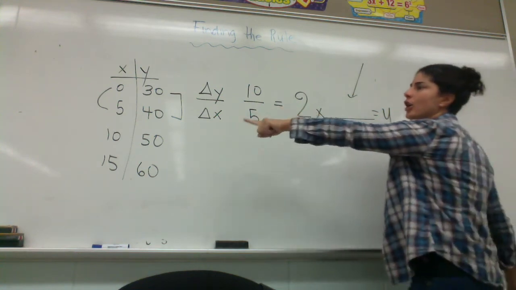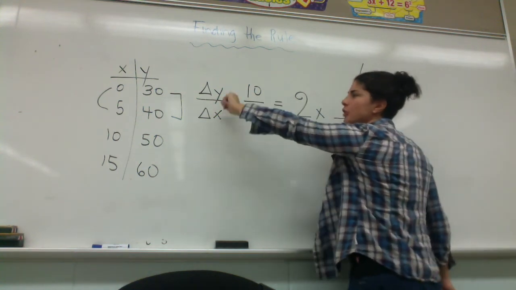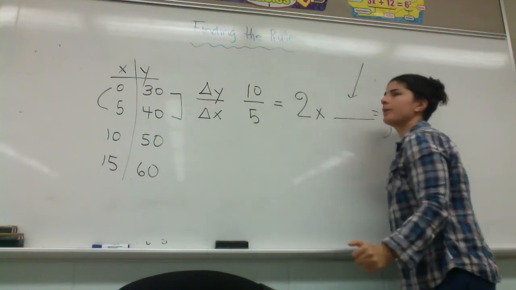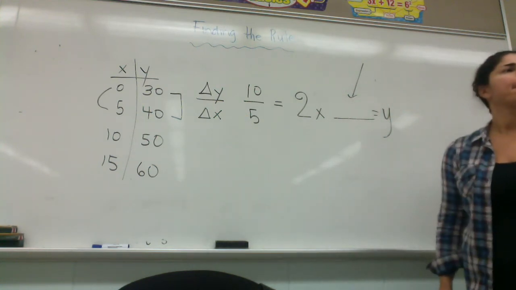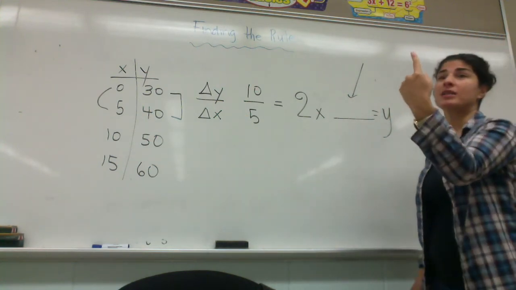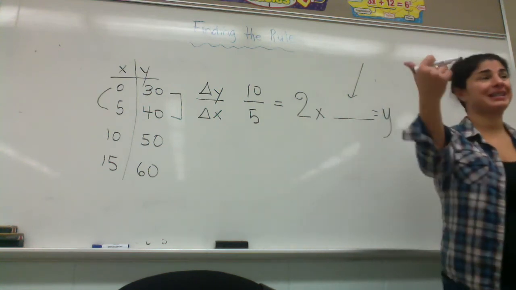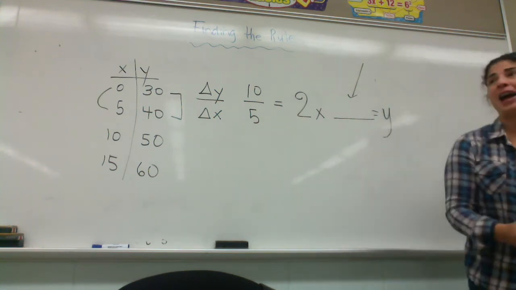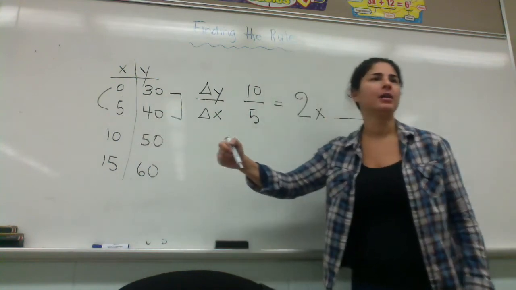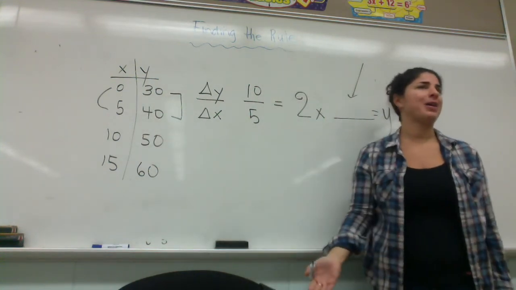So why did I not do this before? Why was I not doing this whole thing before? Because I was going by ones. I was doing 1, 2, 3, 6, 7, 8, 9, 10. So I didn't have to divide by 1 because I was always going to get the same answer.